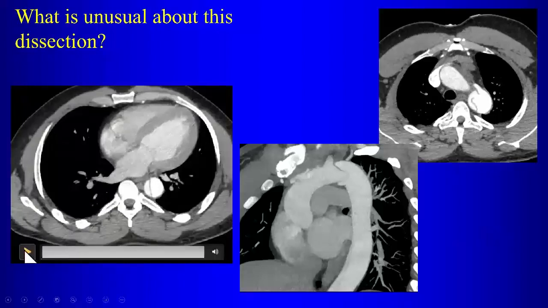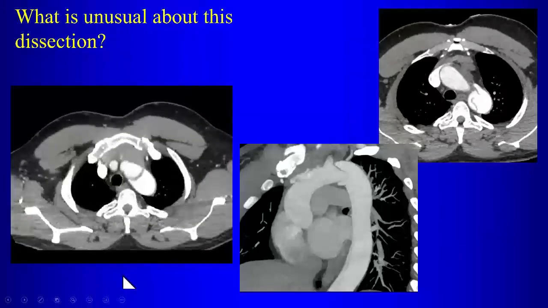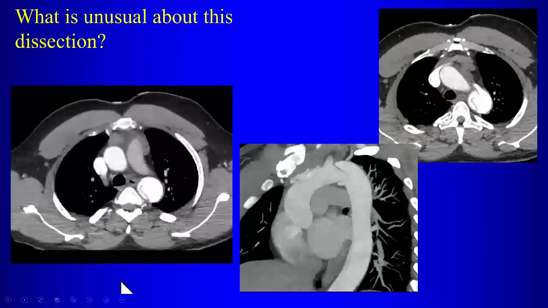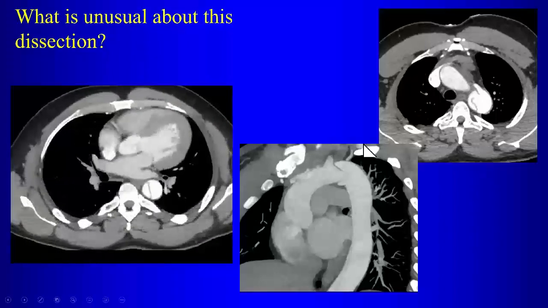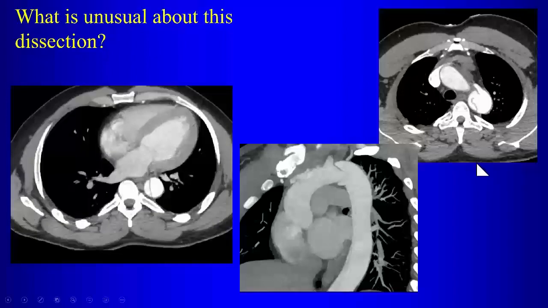See anything funny looking? Well, there's a tear. You can see the tear here. What is this guy? What's the vessel coming out? What is that guy? See it? Well, the patient doesn't have a PDA, but that's the location, right? So what is this?